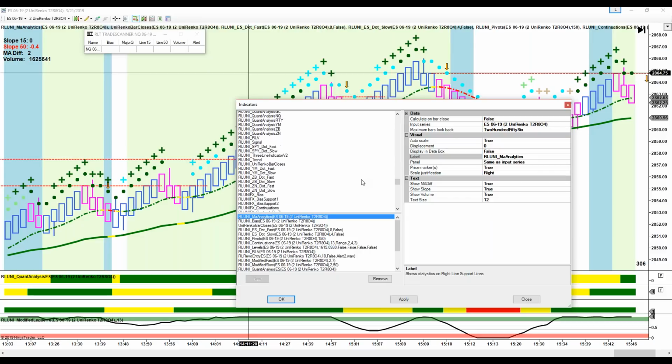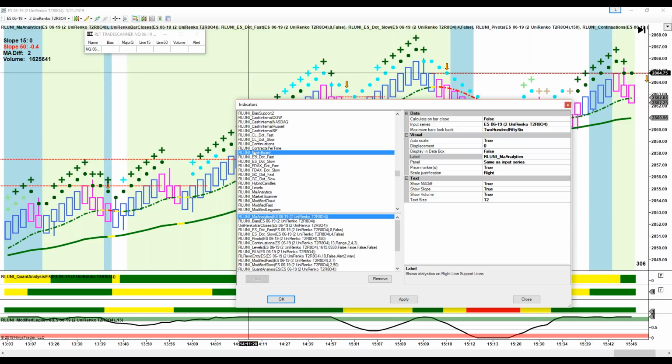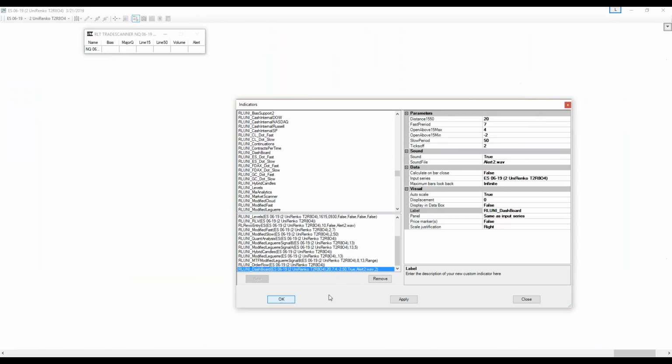I stack them and rack them. Just have to find it. It'll take a minute. The E-mini dashboard will come up. It'll look exactly the same. And you can have 10 or 11 futures markets here. Doesn't make any difference.